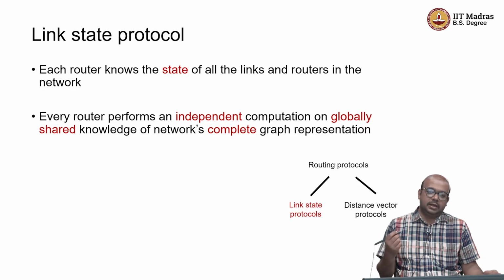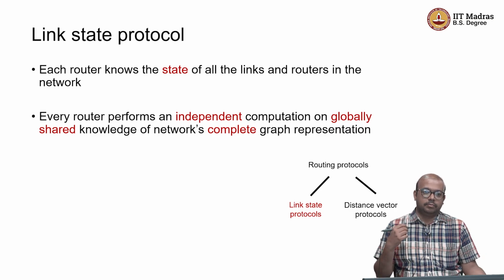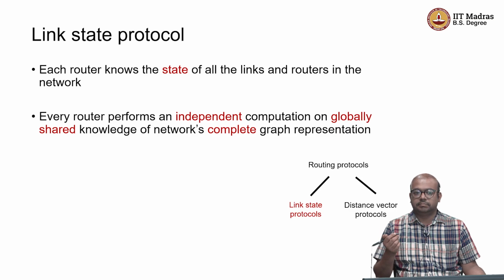So, you typically are going to use this network graph for routing, and what is the main purpose of routing? To figure out an optimal path, optimal in terms of cost, right. So, you essentially need to figure out the shortest path in a graph. Okay.